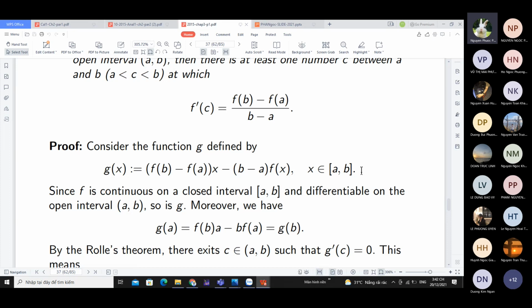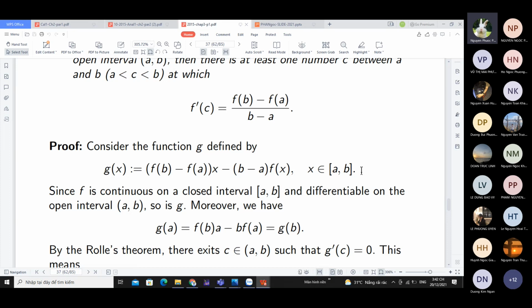What is this? f(b) - f(a) is just a number. You have the function f, you can evaluate f(b), you can evaluate f(a). The difference f(b) - f(a) gives you just a number. So (f(b) - f(a)) times x gives you just a linear function.